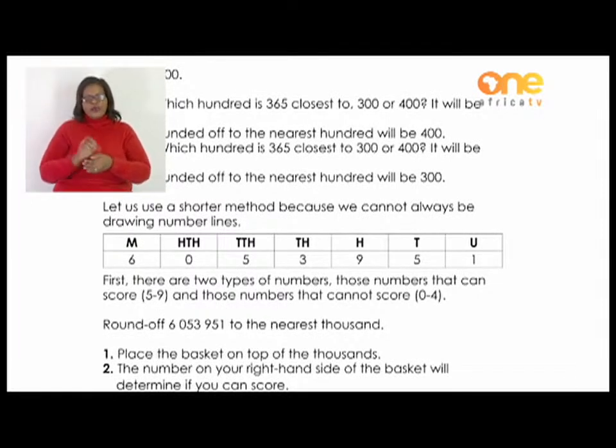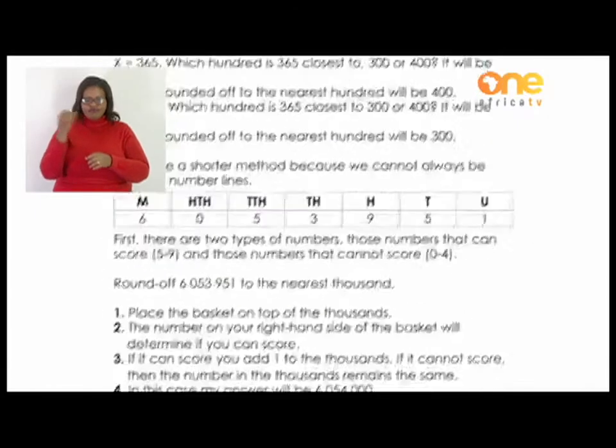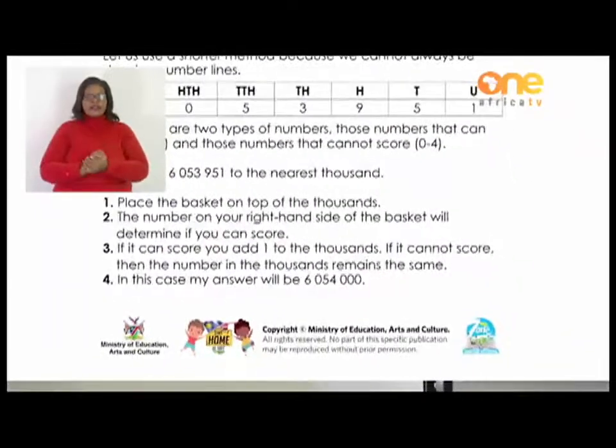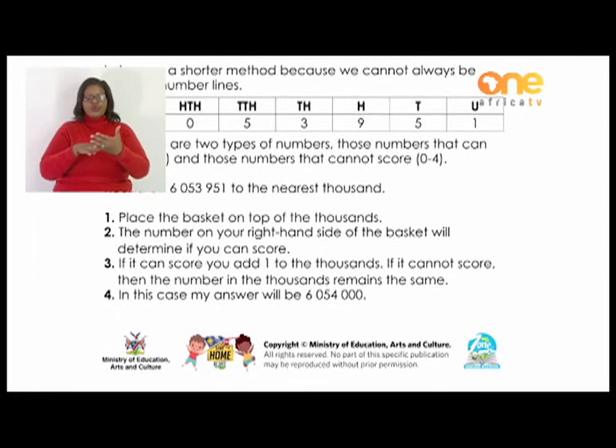Let us use a shorter method because we cannot always be drawing number lines. There is a chart or diagram here which indicates the place values and the numbers. We need to make a little correction there at 100,000, 10,000, and 1,000.